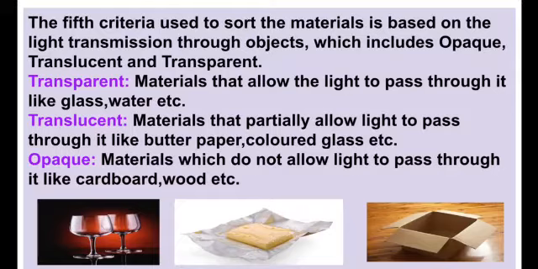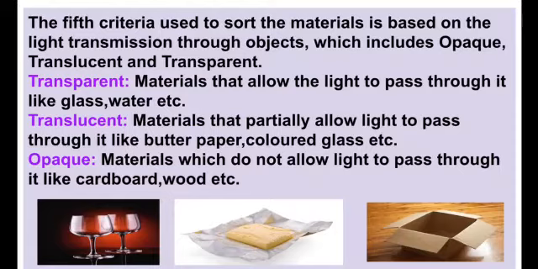Like cardboard and wood, we cannot see anything through cardboard and wood, inside and outside. So that is why it is opaque. It is very simple to learn: the mirror glass, your window, your glassware, crockery and all, these are all made of glass, and that is why they are transparent.